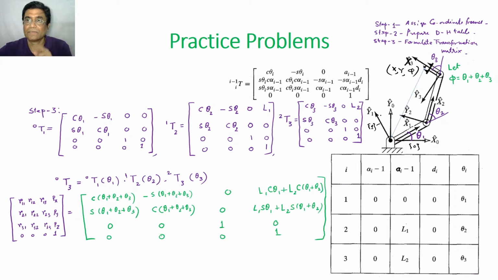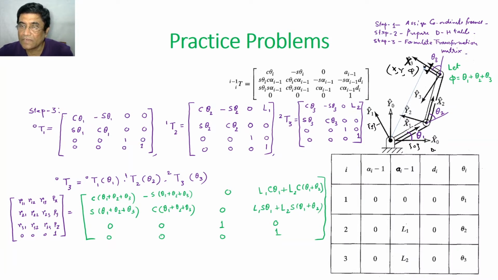So first, somebody, meaning the designer, has designed this structure, the physical or mechanical structure. Step 1. Step 2, once you get the design, you assign coordinate frames correctly, following the rule which we have specified earlier. And next, once you have correctly assigned coordinate frames, the next job will be to prepare the DH table.